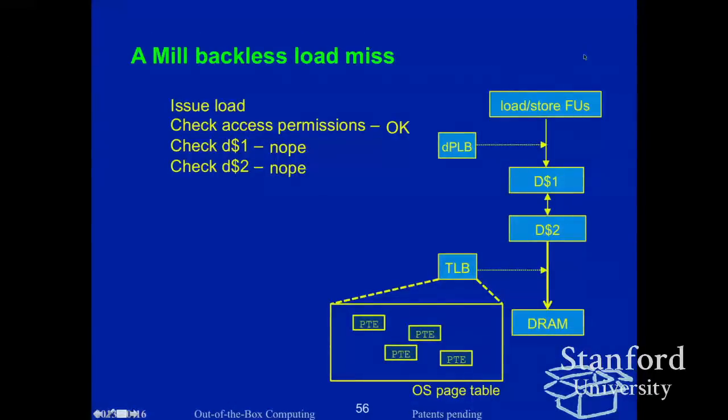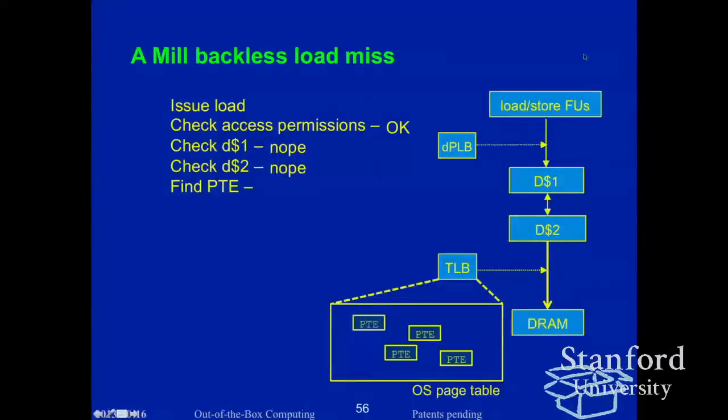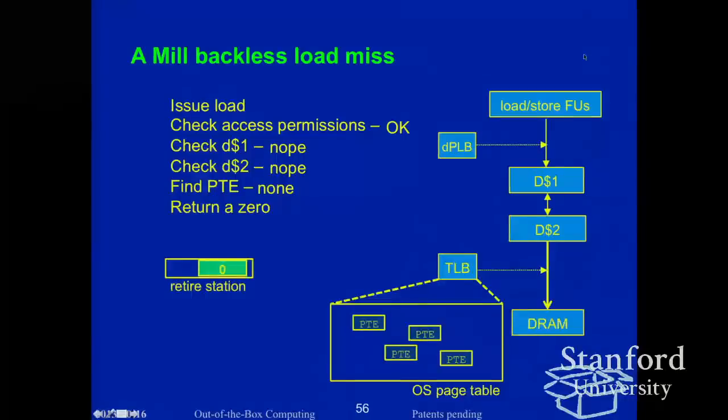Nope. We'll now find the page table entry, which involves looking in the TLB, just like anybody else. And the TLB won't find it, but it'll look in the page table, and it won't find a page table entry either. There isn't one. At this point, without going to DRAM, we've got a retire station, the TLB returns a 0 directly.